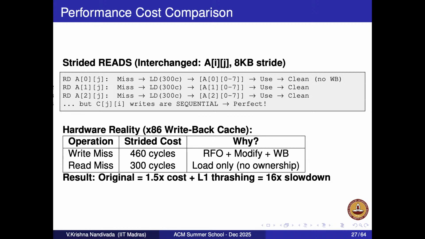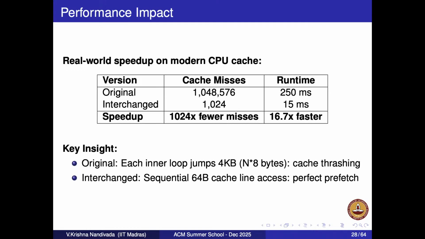So L1 keeps on thrashing. So the actual cost significantly changes to something around 10 to 15 times. In the original code, the runtime could be, on a machine we tried, around 250 milliseconds. Interchange is 15 milliseconds.